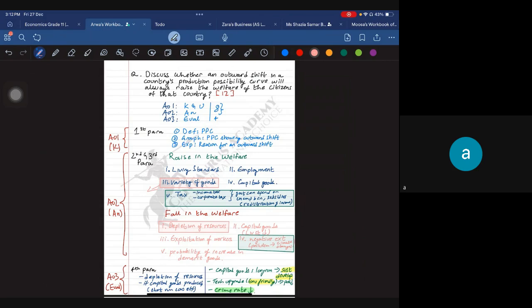But when you will be doing it and writing down the points somewhere, and you are choosing out of those points which points I need to write in my analysis and then in evaluation, the time will come when all of these things will be very easy for you, because you will have all the points in mind and you will know which point I'm going to write in my analysis.